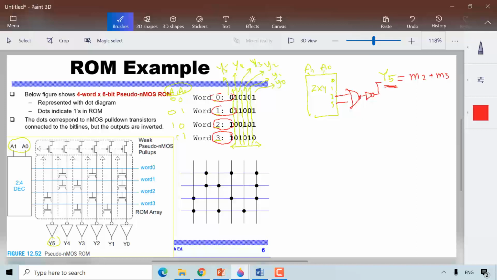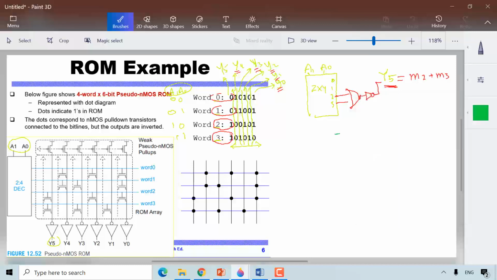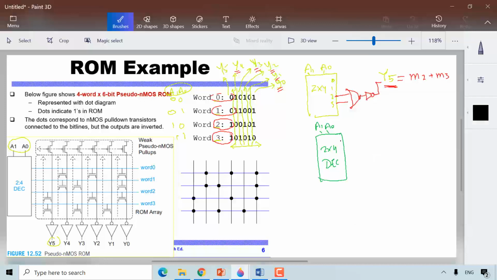Similarly, I can do the same thing for Y4, Y3, Y2, Y1, and Y0. And let's take, for example, Y0. For Y0, we need the same decoder. So A1 and A0 go to a 2 by 4 decoder, and I have the outputs 0, 1, 2, 3.